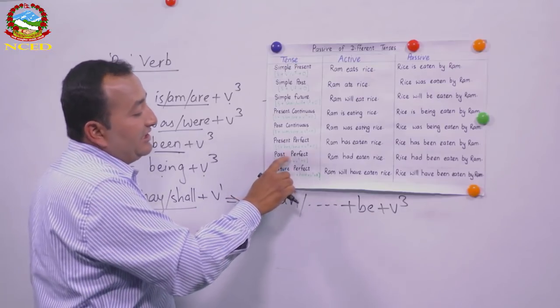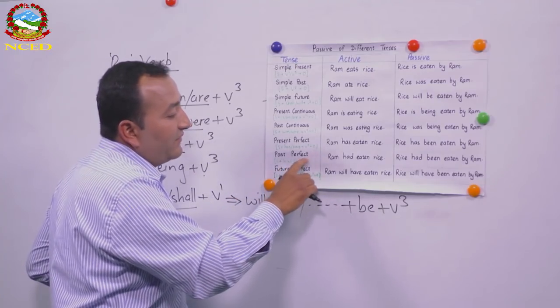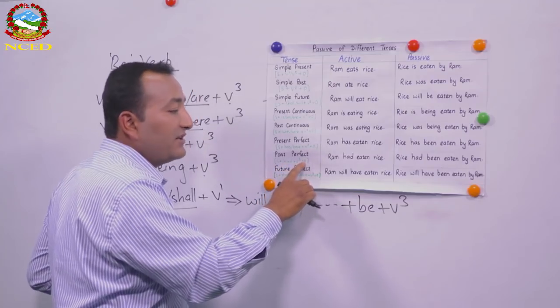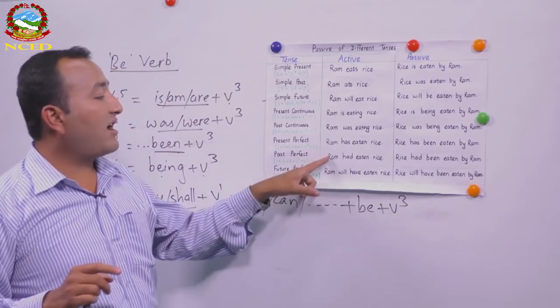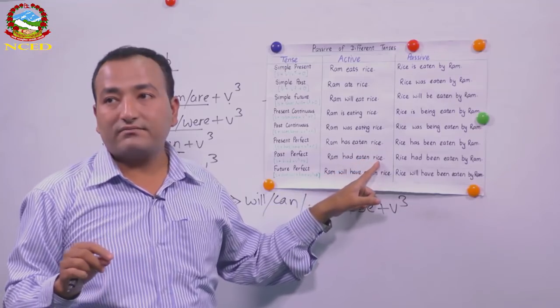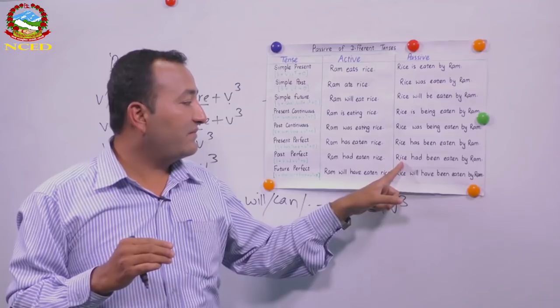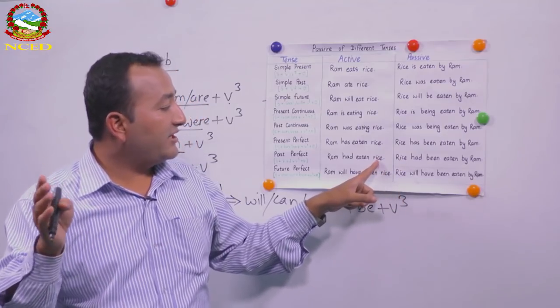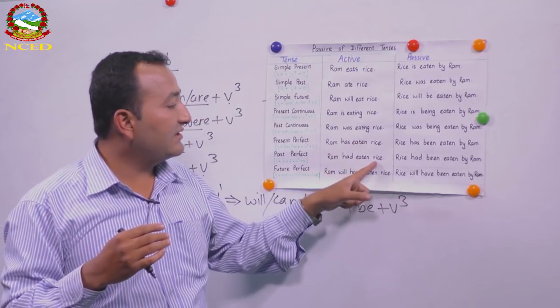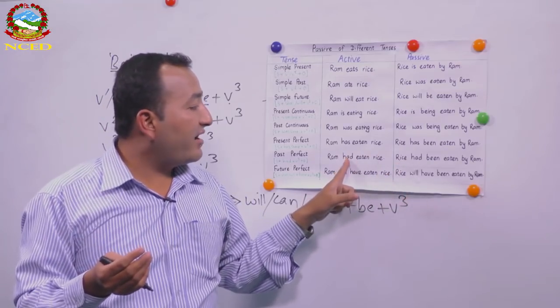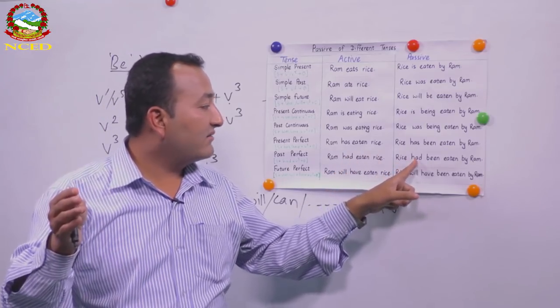Let's check out the next tense, past perfect tense. Subject plus had plus past participle plus object. The sentence is Ram had eaten rice. Had eaten is past perfect. Now, passive voice. Like we did in the past sentences, rice is brought to the position of subject. Rice. And had is there. We use the same, had.